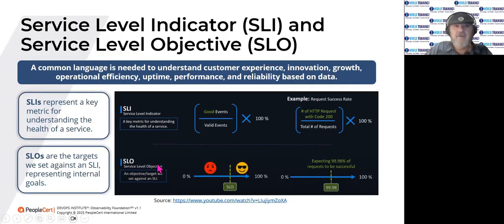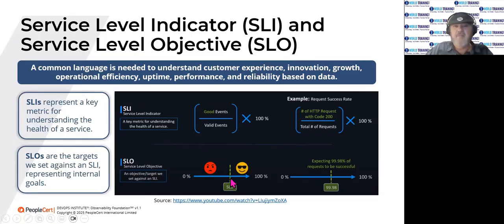Okay, so an SLO is the objective that is expressed or at least determined by the SLI. So an objective target we set against an SLI. So you can have basically a threshold up until some point. If you're below that number, you're kind of failing your SLO.